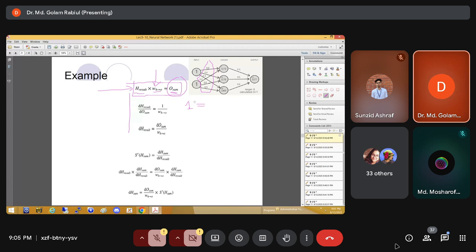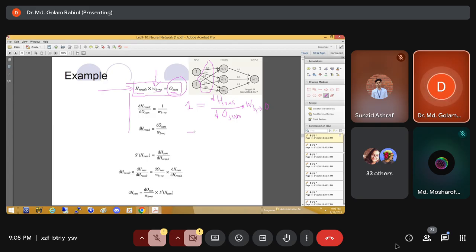Then 1 equals delta hidden results divided by delta output sum, because we are taking the derivative with respect to output sum, times our WHO. Okay, so we will get this equation.